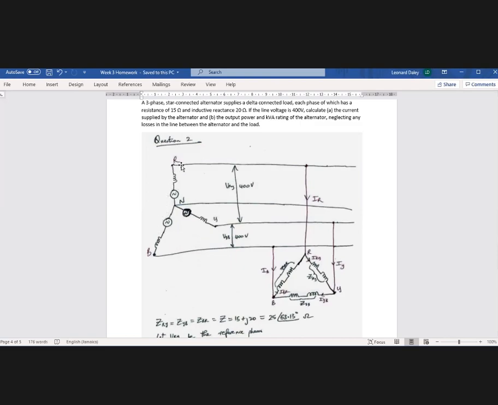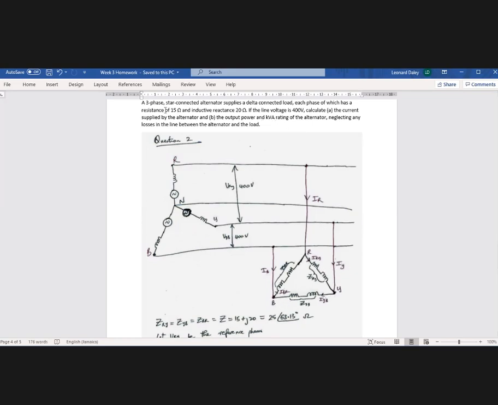All right, so the lines feeding from the generator are coming out like this. The red, the yellow, and the blue lines. Then a delta connected load is connected to the lines. So this is my delta connected load.